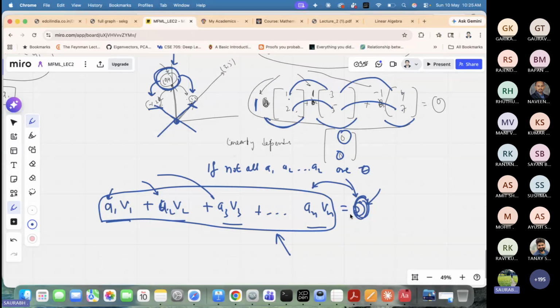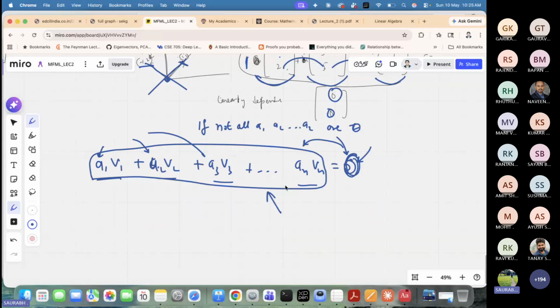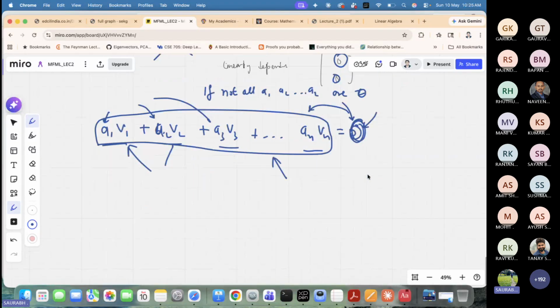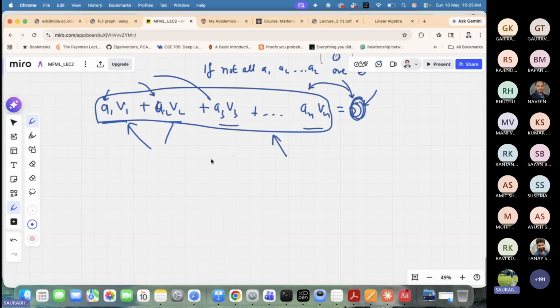One way of doing that is very hard: you will have to find out what these a1, a2 values are which make it the zero vector. That's why I told you that in the next class I'll tell you an easier way. That easier way is to first find the echelon form.